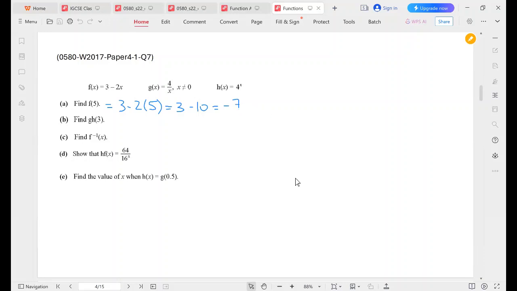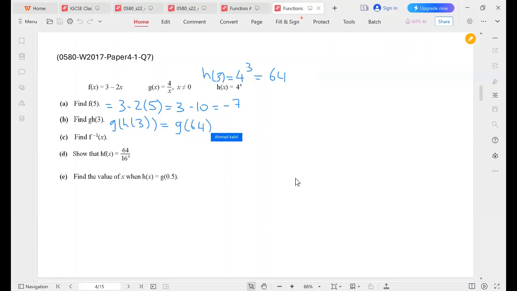In B, we are required to find g of h of 3. So for g of h of 3, we first need to get h of 3. h of 3 is equal to 4 power 3. And this is equal to 64. So we have here g of 64.